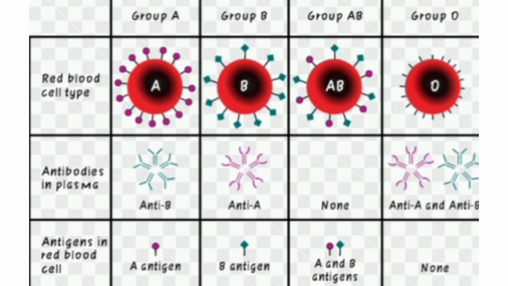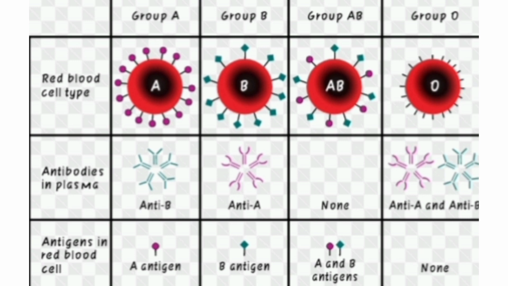Now observe the table. In RBC, antigens are present, and in plasma, antibodies are present. Antigens are of different types: antigen A and antigen B. Antibodies are also of different types: antibody A and antibody B.